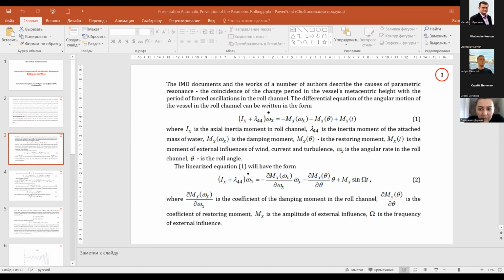The cause of parametric resonance is the coincidence of the change period of the vessel's metacentric height with the period of forced oscillation in the roll channel.